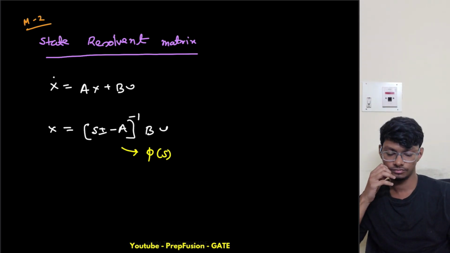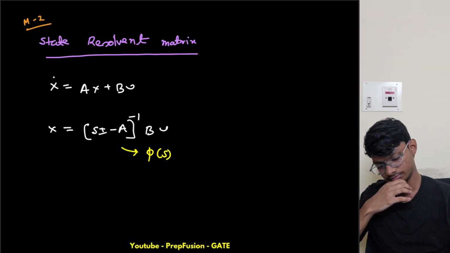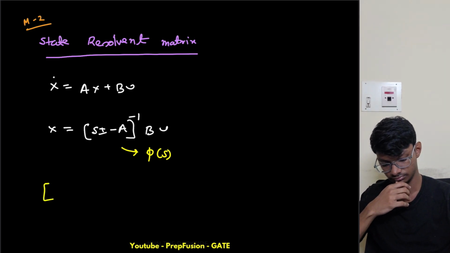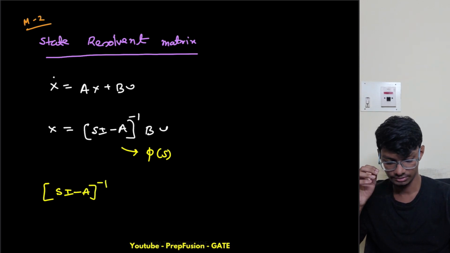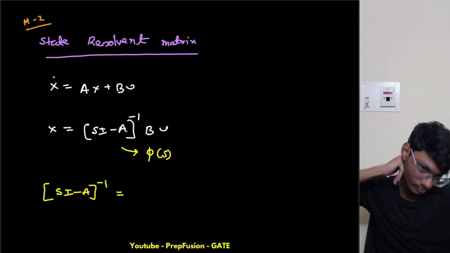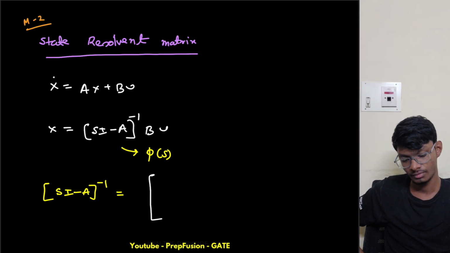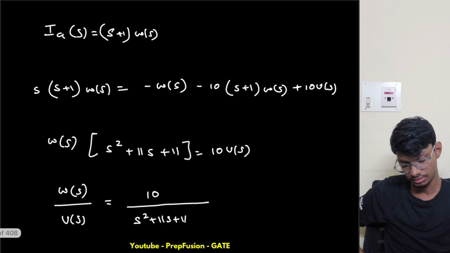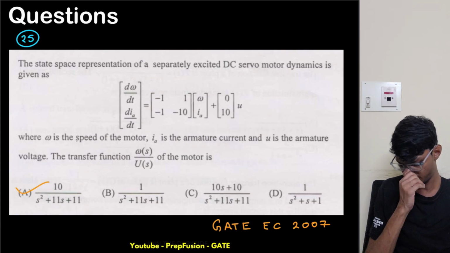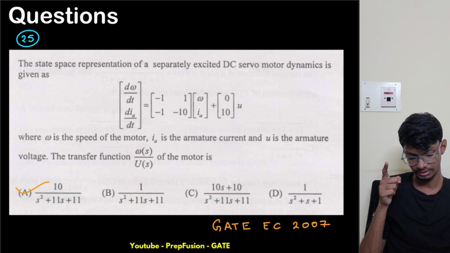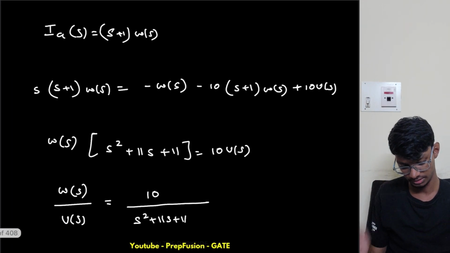So this is my sI minus A inverse. What is my sI minus A inverse? A is this, like s plus 1, minus 1, plus 1, s plus 10.